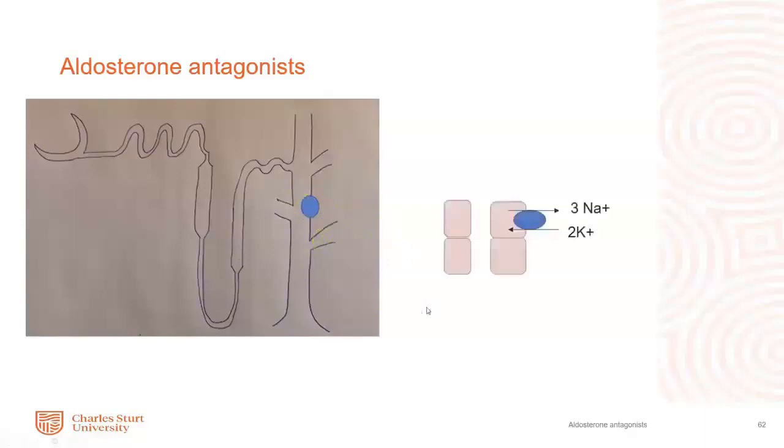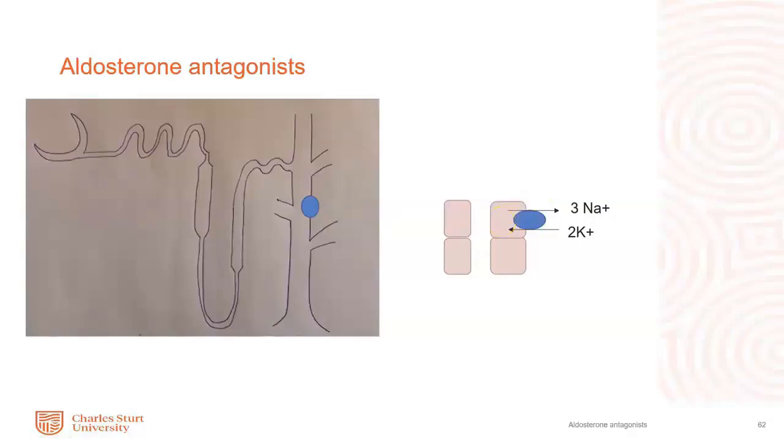So if we zoom in on these intercalated cells of the collecting duct, what you have to imagine is when blood pressure drops, aldosterone is secreted from the adrenal cortex. It's a steroid hormone, so it freely diffuses into these cells where it binds to an intracellular receptor.